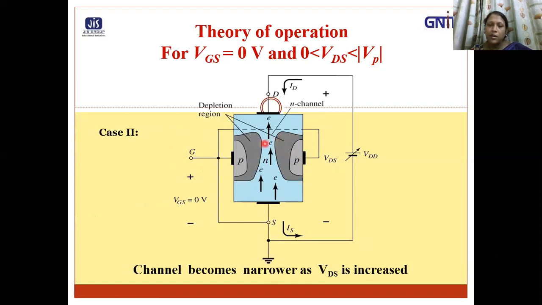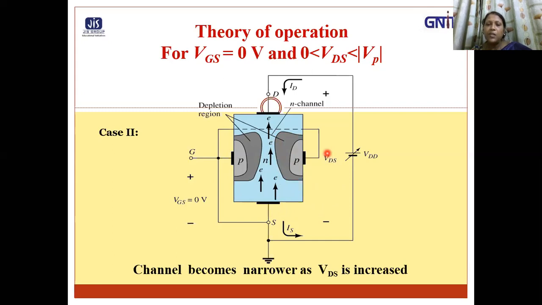You can see here the separation reaches the minimum value, the width say W. It should, however, be carefully noted that pinch-off does not mean that current is off; rather the current is maximum at this point. It is called pinch-off, which means this is the minimum amount of voltage required to make it go into saturation mode.